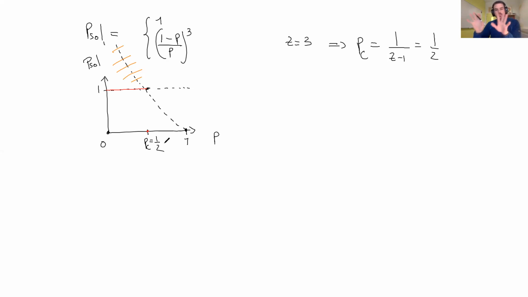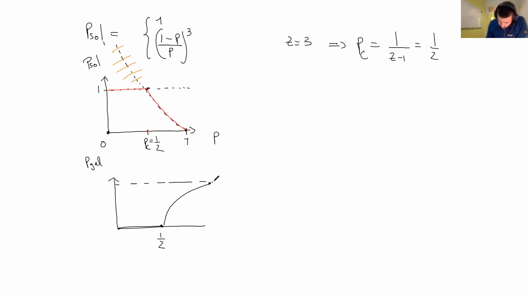We won't study the stability, but we expect the behavior to cross over to this second solution. Yeah. So that's P sol. And if I wanted to do P gel, well, it's exactly the same, but reversed because there is minus 1. So there is no gel until 1/2. And then suddenly, boom, a gel until 1.